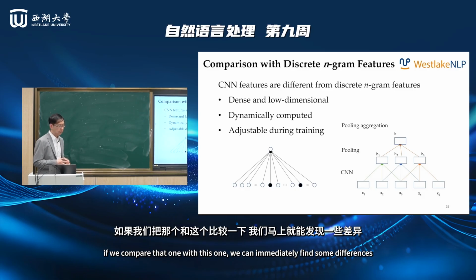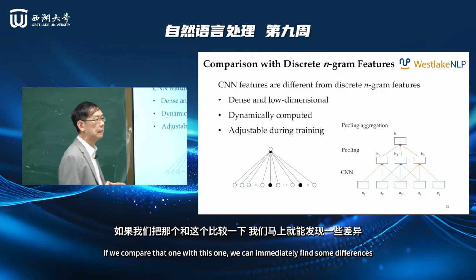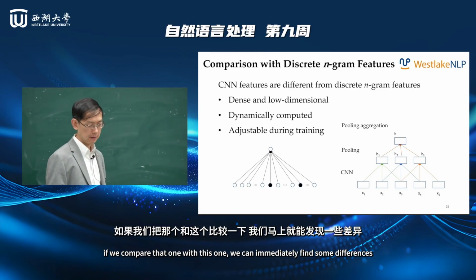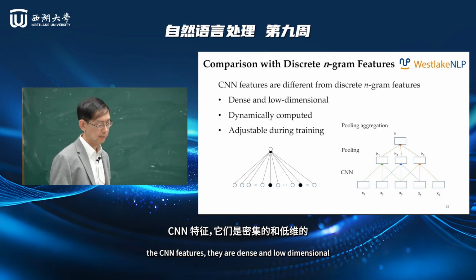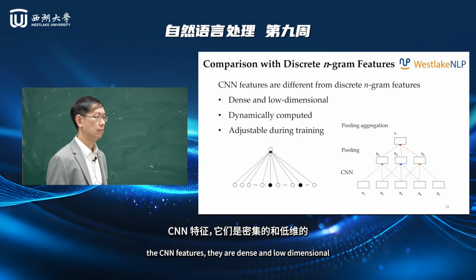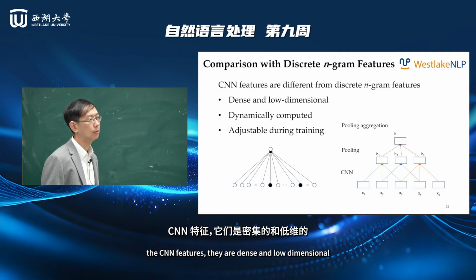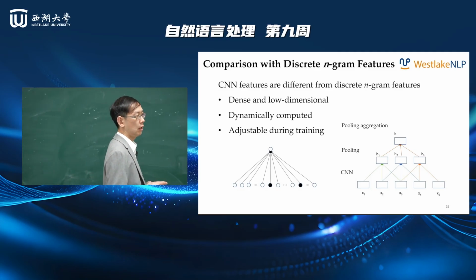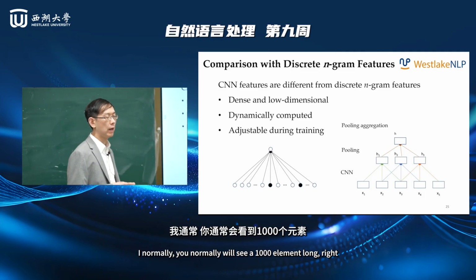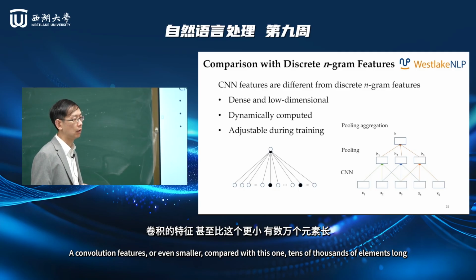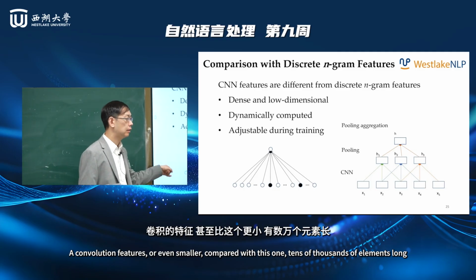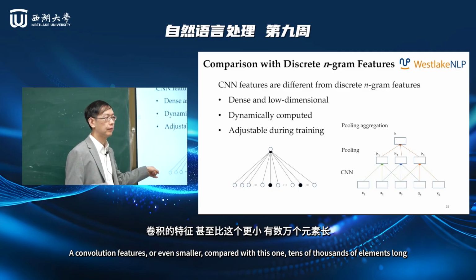So if we compare that one with this one, we can immediately find some differences. The CNN features are dense and low dimensional. You normally will see a 1,000 element long convolution feature, or even smaller. Compared with this one, tens of thousands of elements long.